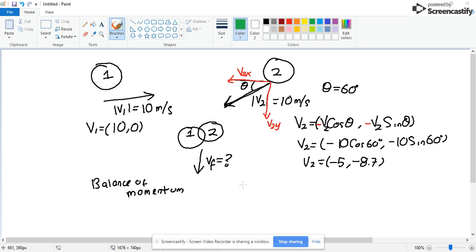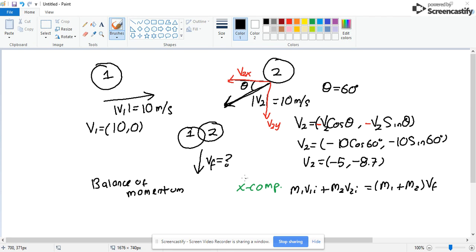For the x component, we can write the balance of momentum as mass 1 V1 initial plus mass 2 V2 initial equals mass 1 plus mass 2, remember the two rocks stick together, V final. We call this a perfectly inelastic collision. After the collision, they stuck together.